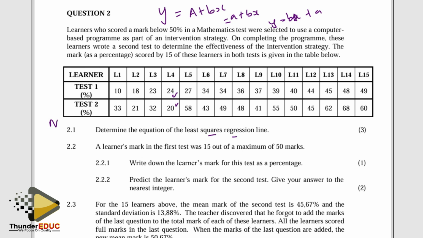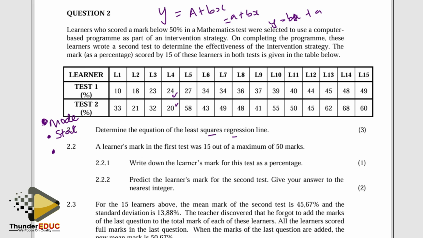You just have to press mode, and then look for STAT, which is for statistics, and then look for 2-VAR, which means we are dealing with 2 variables.